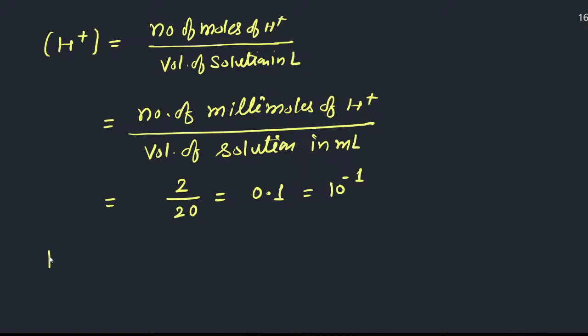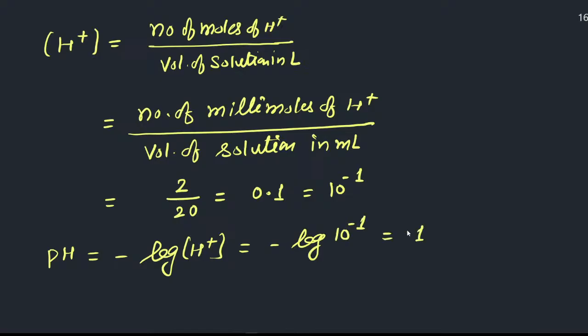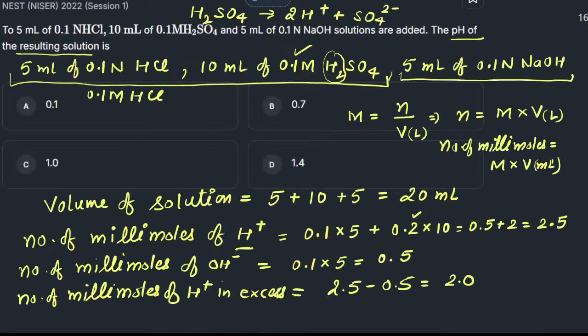So what is pH? pH is minus log of H plus ion, that is minus log of 10 raised to power minus 1, so pH is equal to 1. So that means C option is correct. The pH of the resulting solution is 1.